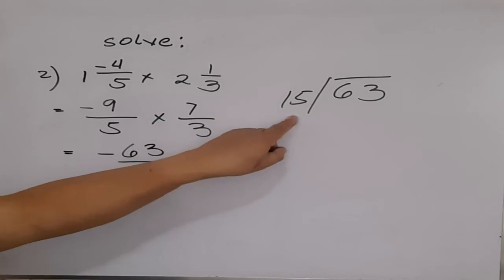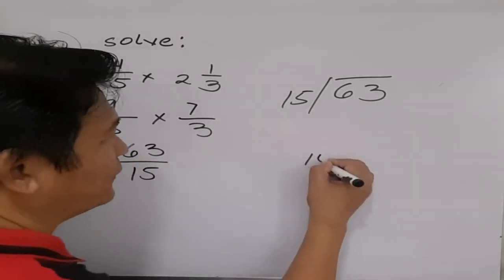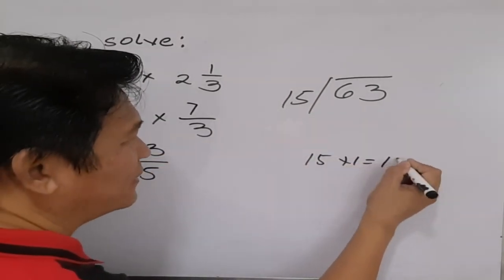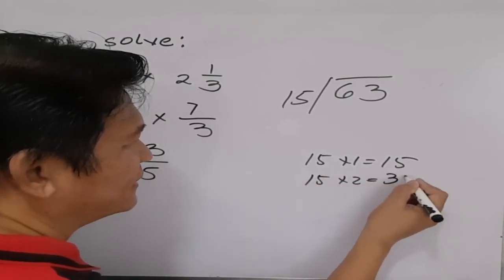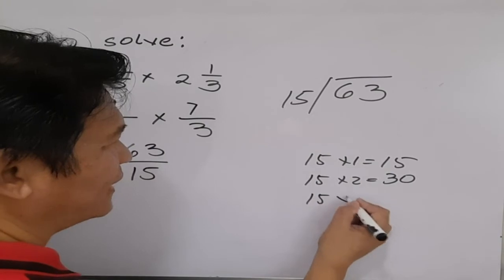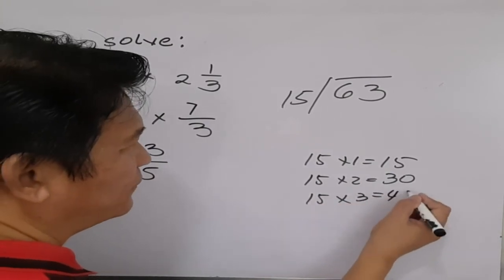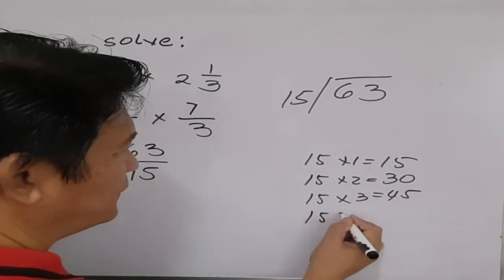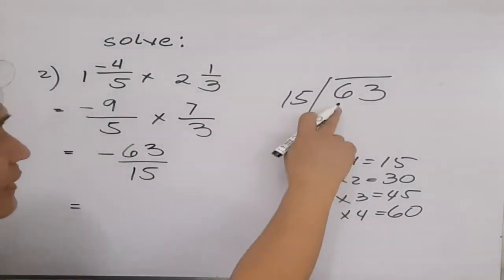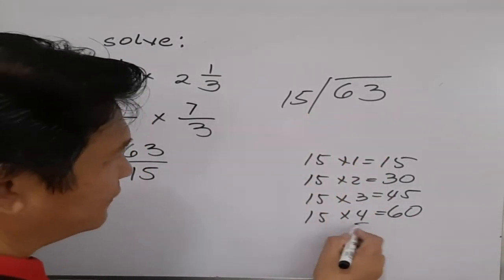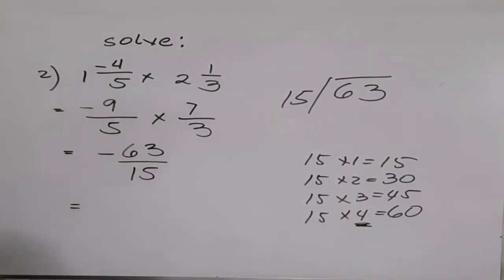So how many 15s are there in 63? So 15 times 1 is 15. 15 times 2 is 30. 15 times 3 is 45. 15 times 4 is 60. Therefore, there are 4 15s in 63.